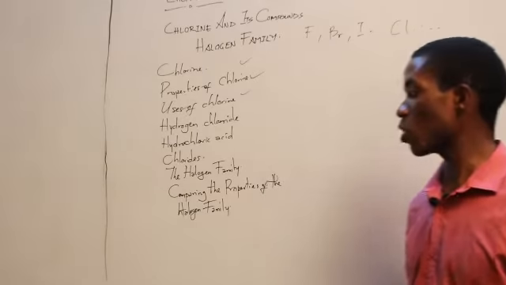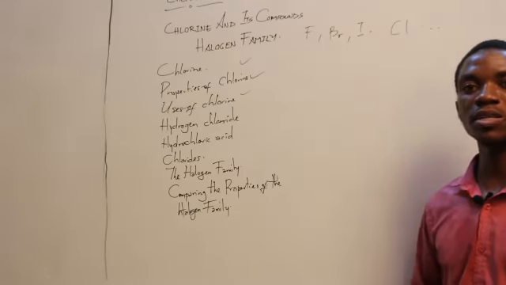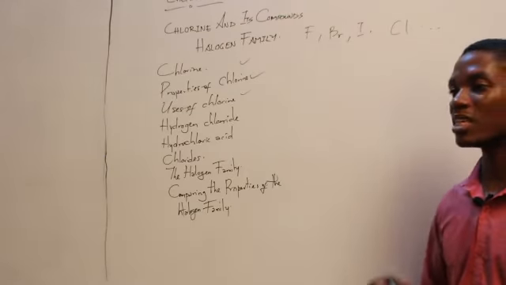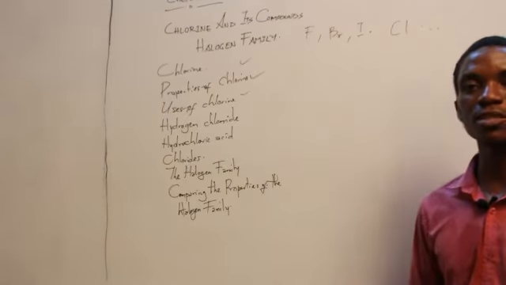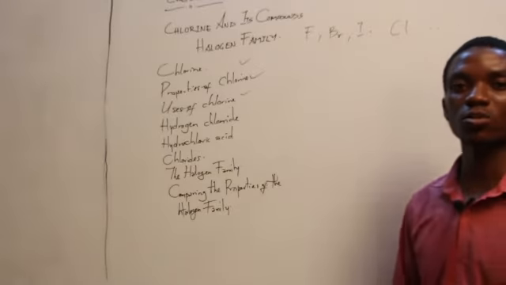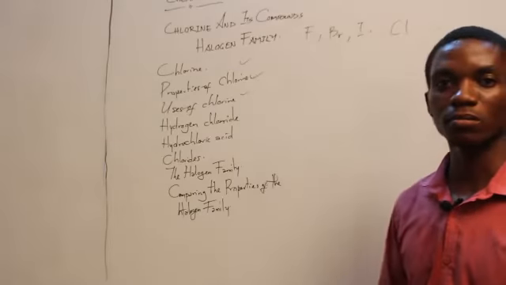So all these elements have seven outermost electrons, which make them very, very reactive, and they do engage in displacement reactions. They displace other substances from their particular compounds.